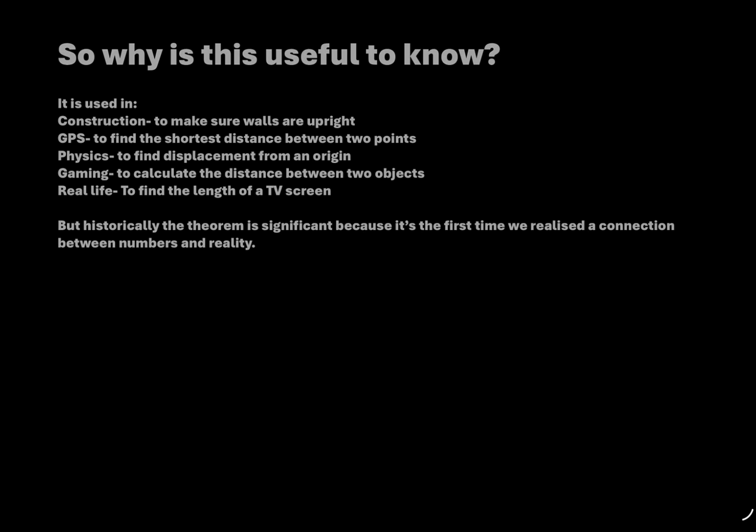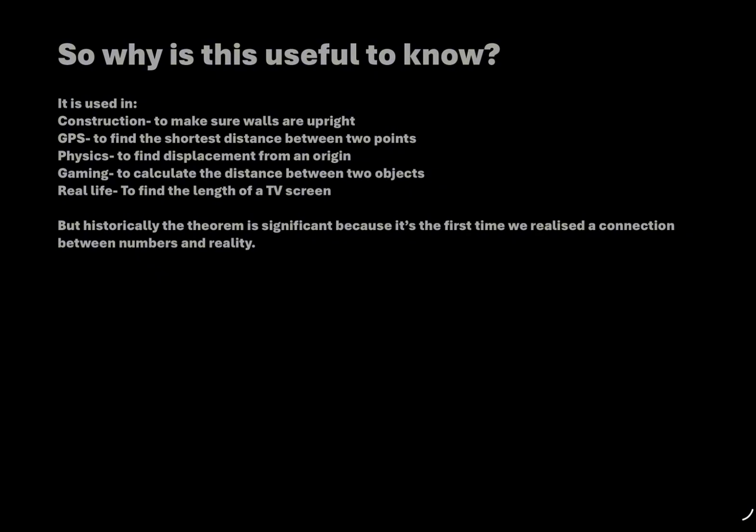A lot of kids often ask in maths class, so why is this useful to know? Well, the answer is it's used in construction to make sure walls are upright. It's difficult to measure 90-degree angles sometimes, so you can use Pythagoras' theorem to make sure it is. If Pythagoras' theorem is true in a situation, then it must be a right-angled triangle.